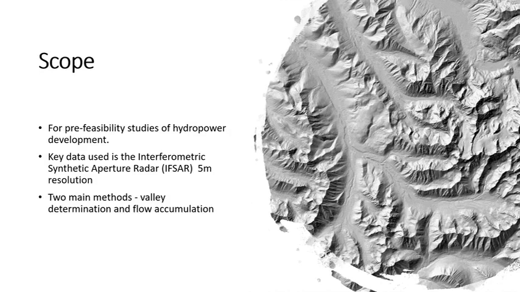So the scope of the study is just about pre-feasibility studies for hydropower development. Their method is applicable for the stage that you do before a pre-feasibility study. Whatever dam sites you find from their methodology, you have to further filter them out.